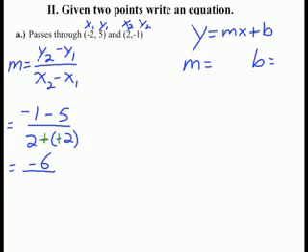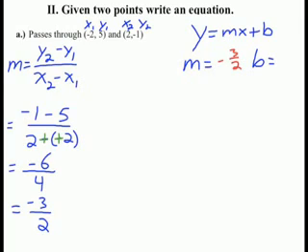And on the bottom, when you subtract the negative, it's the same as adding a positive. So you get 2 plus 2, which is 4, and negative 6 over 4 reduces to negative 3 over 2. So the slope for this problem is negative 3 over 2, negative 3 halves.